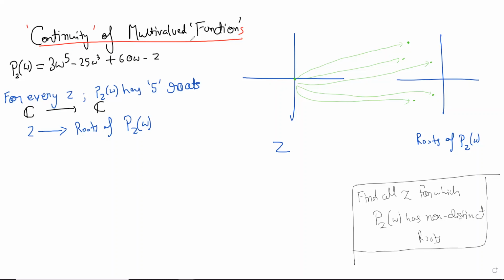I don't know how to answer it, but I know it's very deep. It depends on something called branches. If this function has one branch, then the other way around will be, but later. The other way around may not be a function because, as you understand, for some other point also, the polynomial may have the same root.